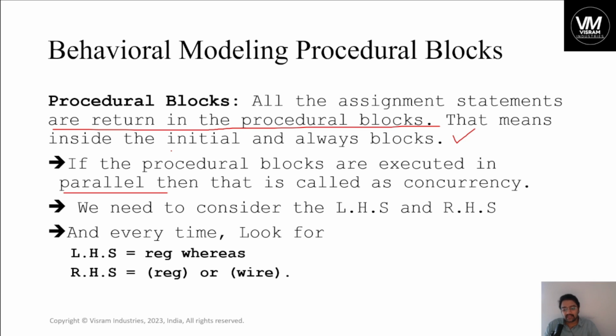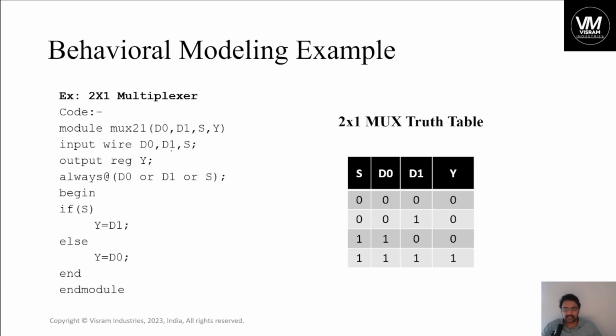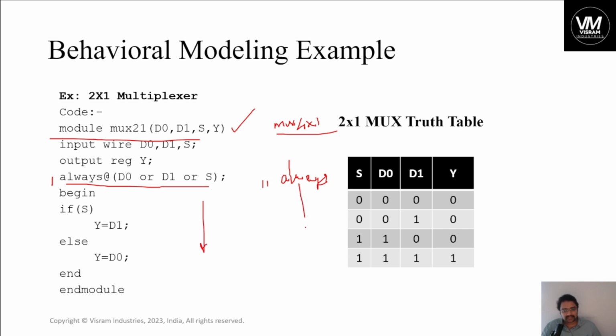In each module, for example, if this is the module for 2 by 1 multiplexer, imagine there is a module for mux 4 by 1. In that module again we have always. So this is 1, this is 2. This always block should work parallelly and this always block should also be executed parallelly.